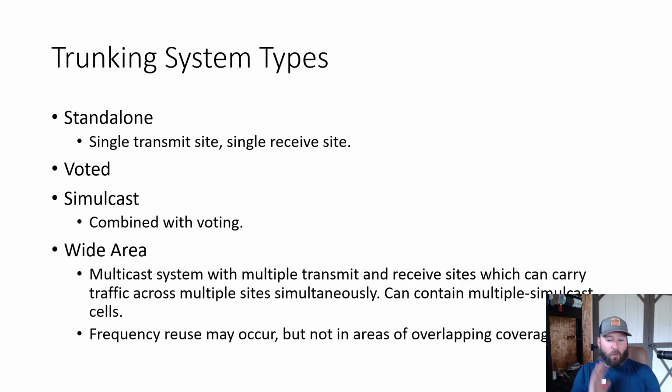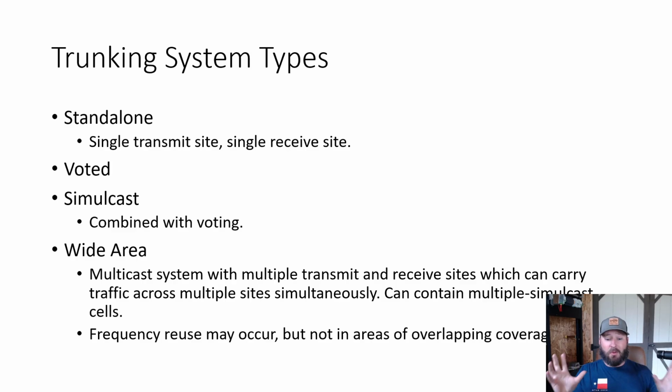Finally, we have our wide area trunking systems. These are your large multi-site systems. It is a multicast-based system, and it has multiple transmit and receive sites which carry traffic across those sites simultaneously. It can contain multiple simulcast cells within the wide area system, and it can be a mix of wide area multicast sites and simulcast cells.